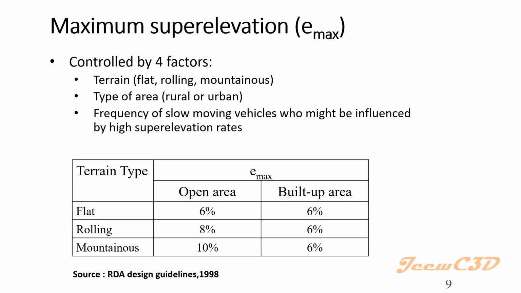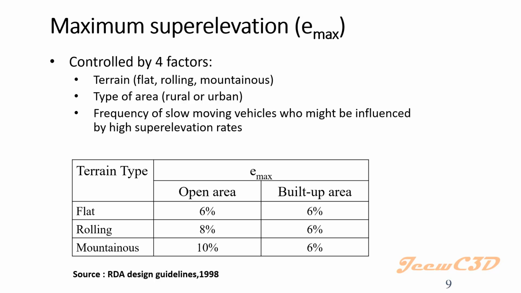If it is a rolling terrain, you have flat as well as some mountainous type high sections in the road. If it is a mountainous terrain, you have a mountain to climb in that road section. You have a high steep slope in the road. So you call it mountainous terrain.